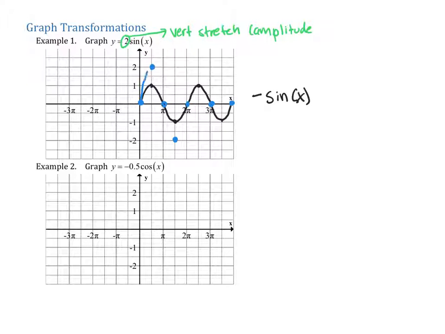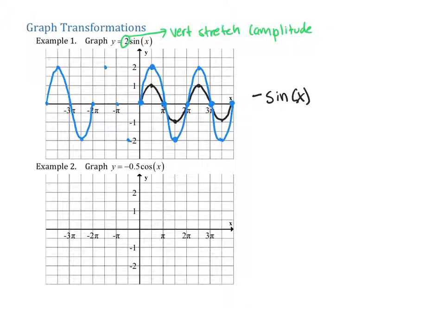So one period of this 2 sin(x) looks like this. Then we just repeat this same shape, going midline, maximum, midline, minimum, midline, and we can even keep going in the opposite direction to fill up the whole screen here.